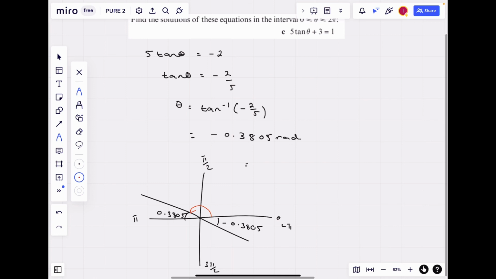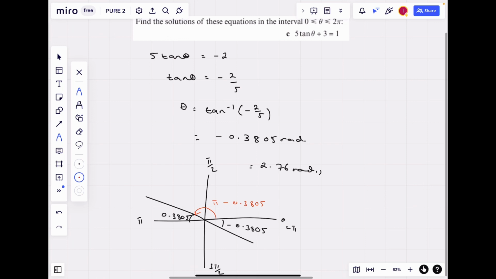So to work that out, you're going to do pi minus 0.3805, which I'm just going to plug into my calculator now. 2.76109 and so on. So 2.76 radians. That's one solution.